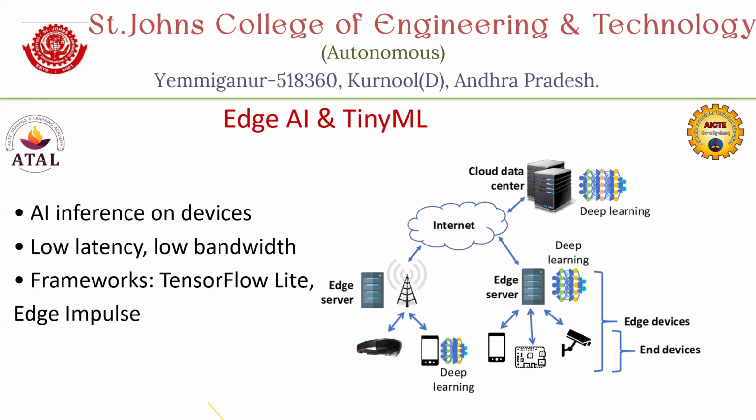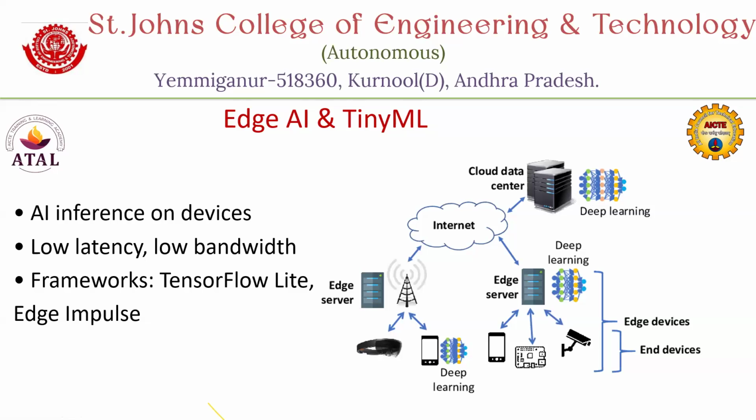So in this figure, you can see how these end devices are connected to the edge device. So here we have the edge server. We have connected the devices to this edge server, and this edge server is going to connect to the internet. Similarly, we have the deep learning networks and the other networks which are going to pre-process the data.